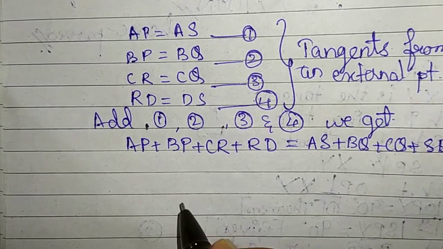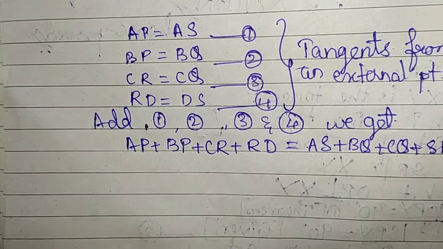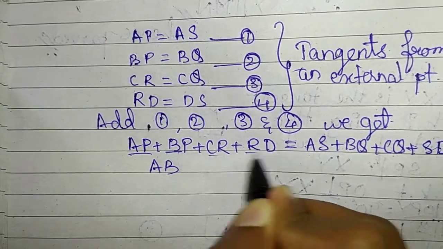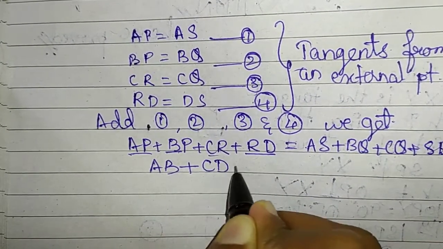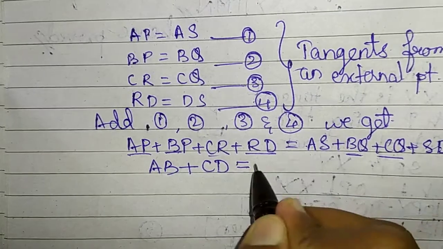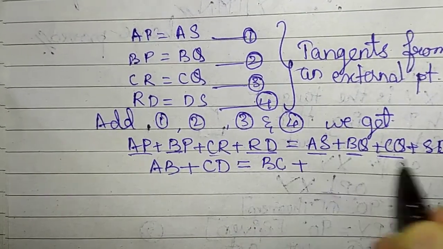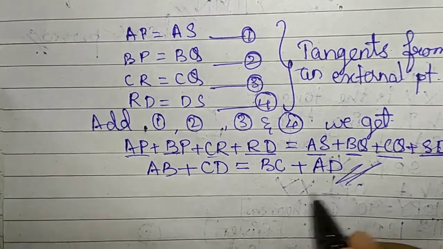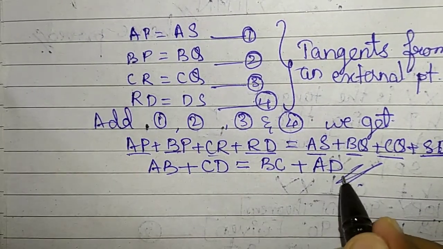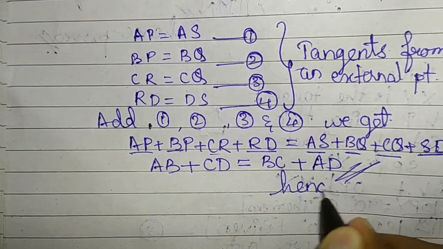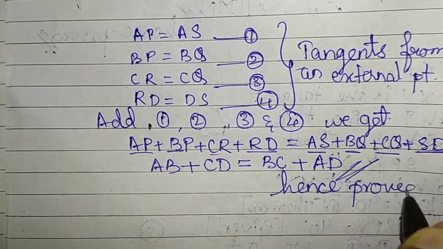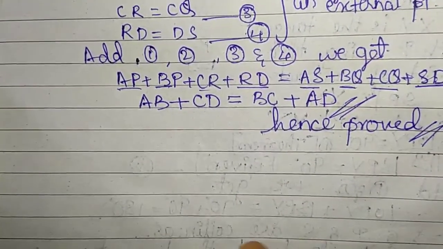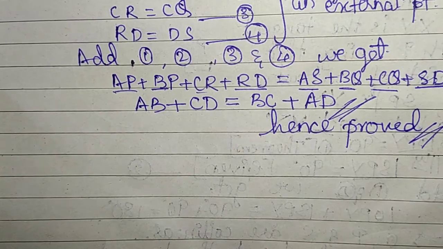So now AP plus BP is AB, CR plus RD is CD, which is equal to BQ plus CQ is BC plus AS plus SD is AD. So we were supposed to prove AB plus CD is equal to AD plus BC, hence proved. We just used the simple property of tangents to prove that AB plus CD is equal to BC plus AD in the given circumscribing quadrilateral.